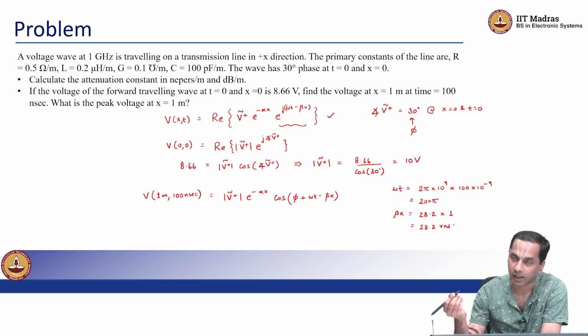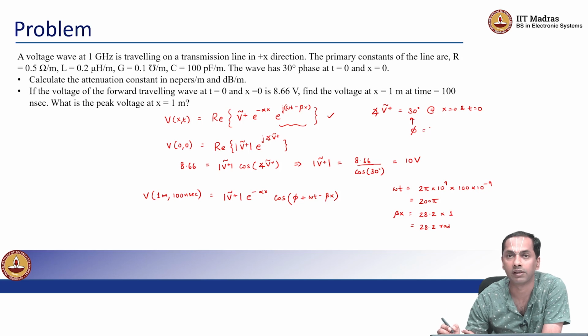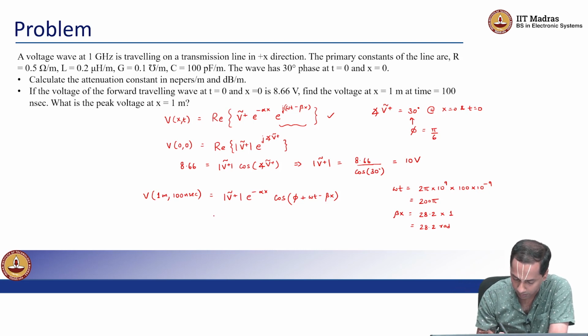Okay, we can try to bring everything to radians, that may be useful. So phi is 30 degrees, which in radians is pi divided by 6. Pi is 180 degrees by 6 gives us 30. So you can say that this is 10 volts.